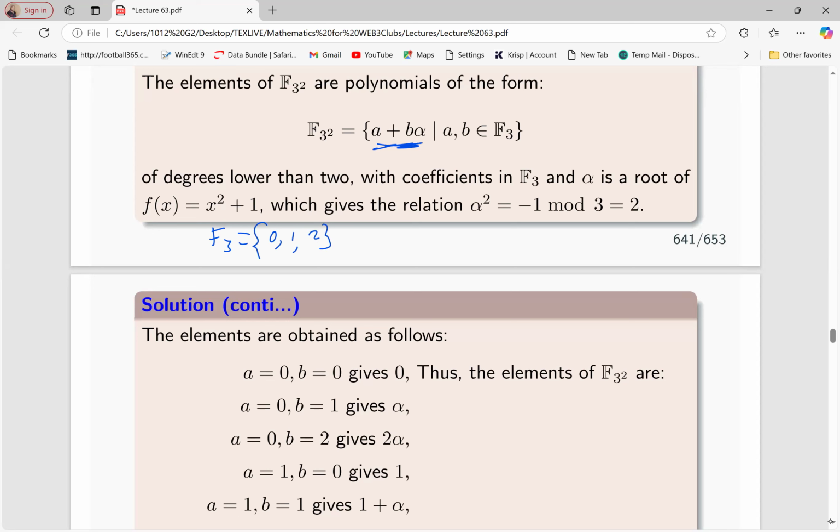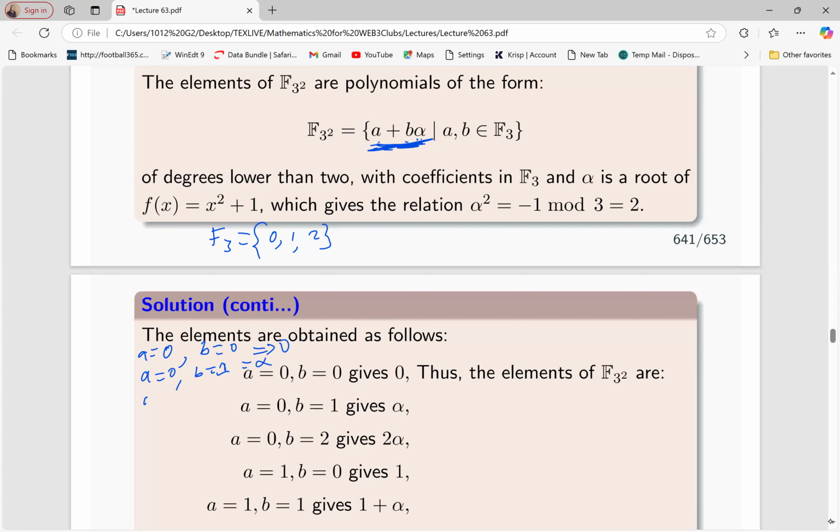So now this is the polynomial we want. We have the possibility that A can be 0, and another possibility that B can be 0. If A is 0 and B is 0, this equation becomes 0. The other possibility is that A can be 0 and B can be 1, and if that happens, we get alpha.